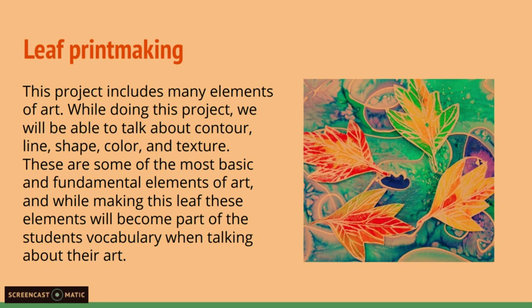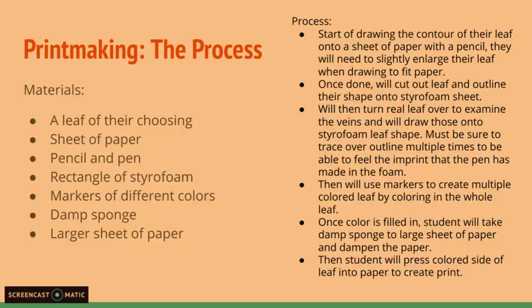Looking at this project and what they're going to be doing, I've got a little materials list here. Starting out, the kids are going to enlarge a real leaf onto a sheet of paper. Once they do that, they're going to cut it out, and then they've got their shape, and we can talk about that.